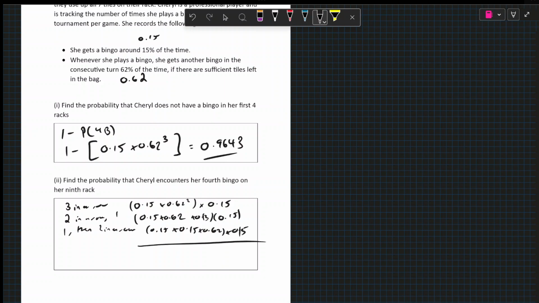And then we just have to add all these probabilities up. So this is going to take a while. Plus 5 times 0.15, and then plus the third instance. And we get a probability of 0.0128.